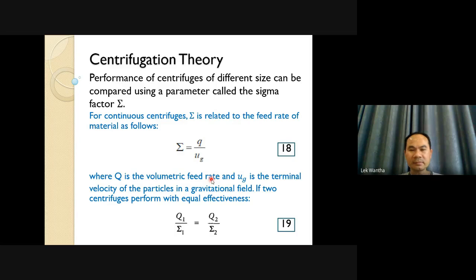If we compare lab scale and industrial scale, they use the same effectiveness.